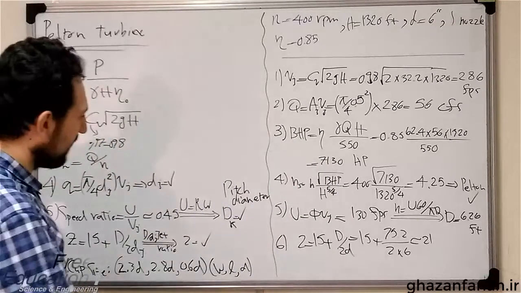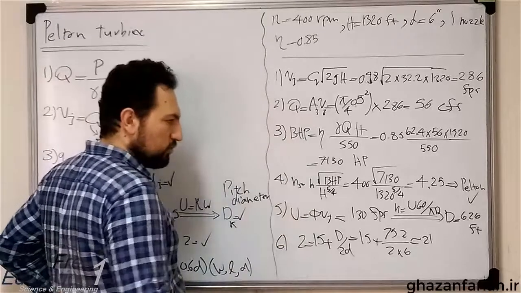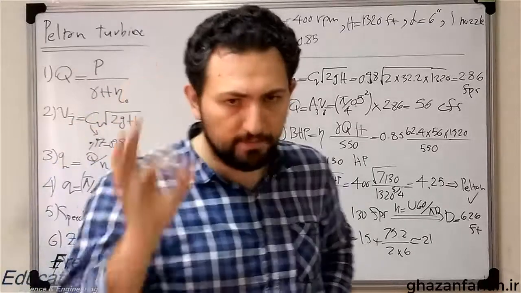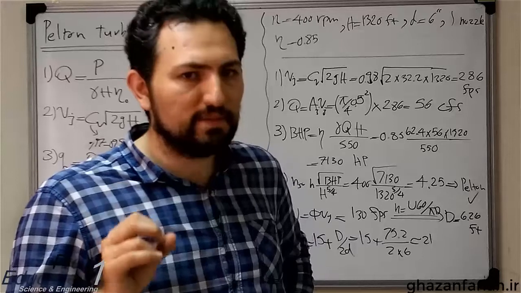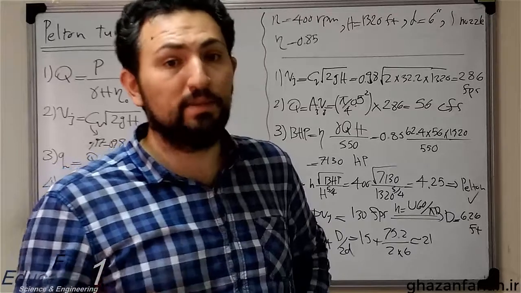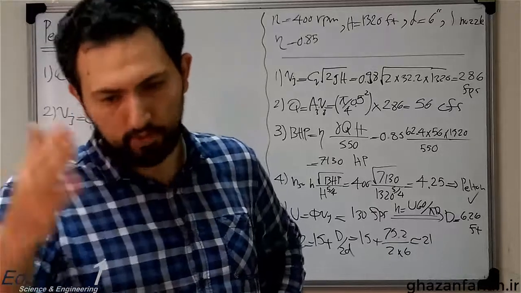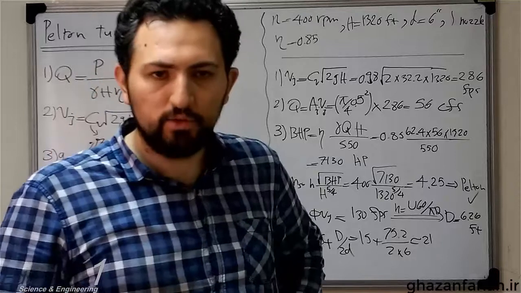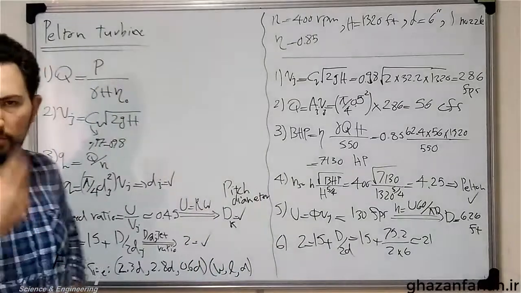The fourth step is to compute the specific speed of this turbine. It should be considered that at the first step you have to compute the specific speed. If the specific speed of the turbine is greater than a threshold, or a limiting case, or is a large value, you have to change the Pelton turbine to a Francis turbine or Kaplan turbine.